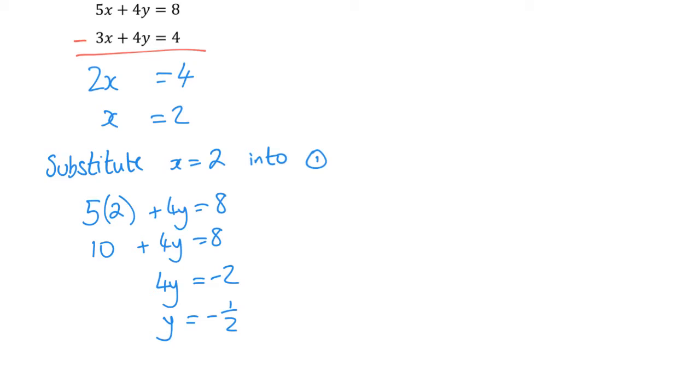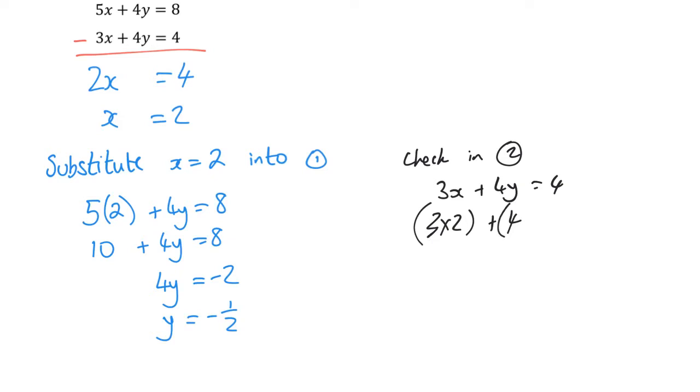But what we should do as well, just to make sure everything went right, is to check our solutions in equation 2. So equation 2 was 3x plus 4y equals 4. If we substitute in x equals 2, we'll get 3 times 2 plus 4 times minus a half.